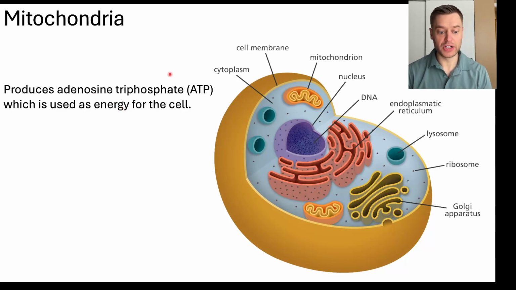Mitochondria produce ATP, adenosine triphosphate, and that is how the cell uses or produces energy, by removing one of those phosphate groups. You'll also see at some point adenosine diphosphate. It's just saying that we took this adenosine triphosphate molecule, took off one of the phosphate groups, and in taking off that phosphate group, we produced energy.